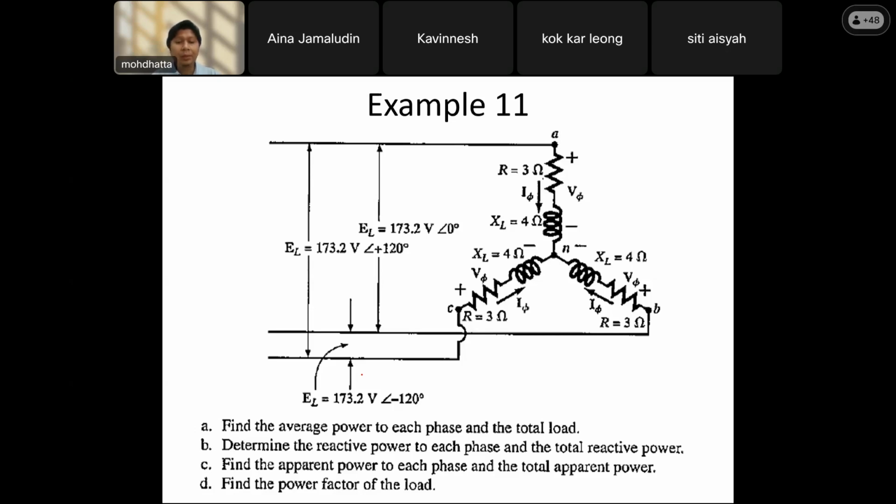Average power means that we need to find P and also P total of the connected loads. And the second one, we need to calculate the reactive power, again, each phase as well as the total reactive power. And later, next will be the apparent power, and finally the power factor of the load.